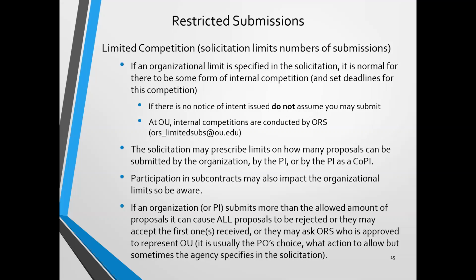Because if it gets flagged later on in processing, going ahead and doing the notice of intent for the limited competition may protect you in being allowed to go forward with that submission for full review or for selection with the sponsor.